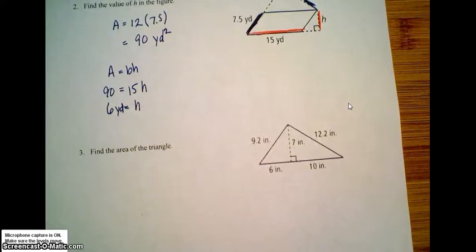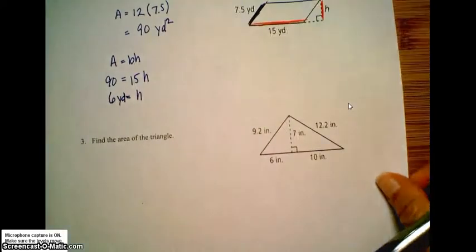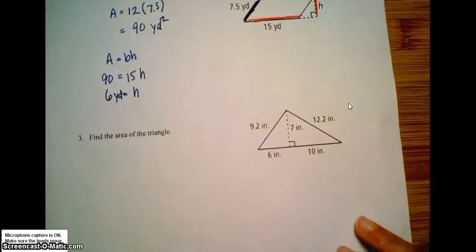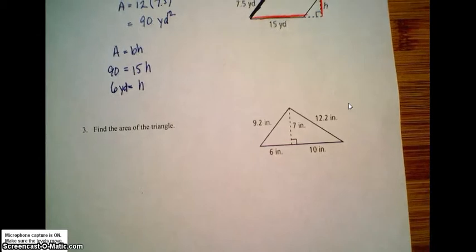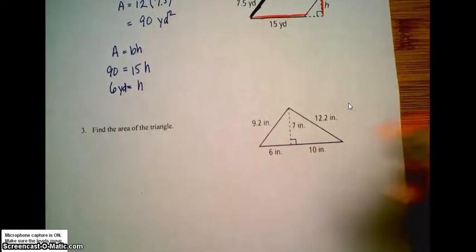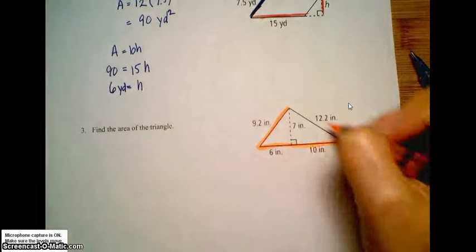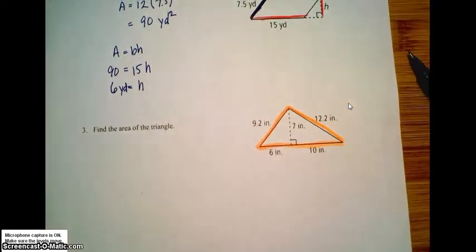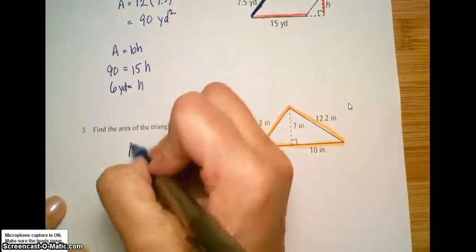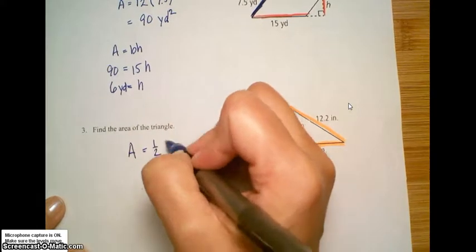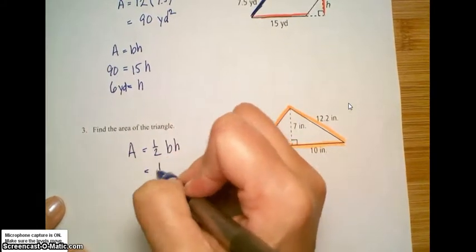Okay, and the last example, we're finding the area of the triangle. Be mindful because the triangle that we're finding the area of is this entire triangle. And so the formula we want to use is area equals 1/2 base times height.